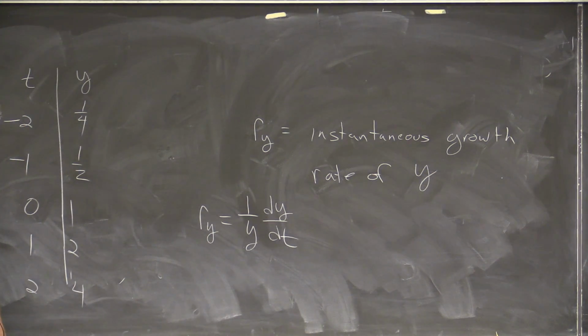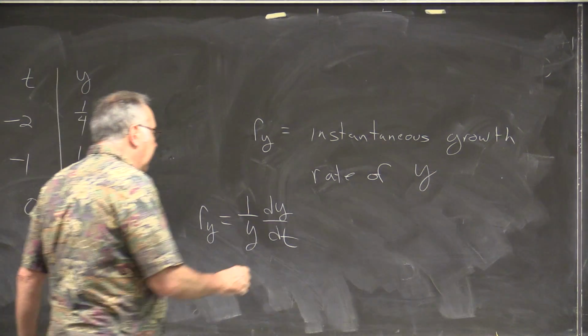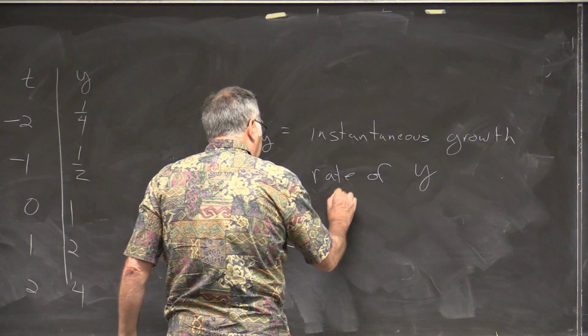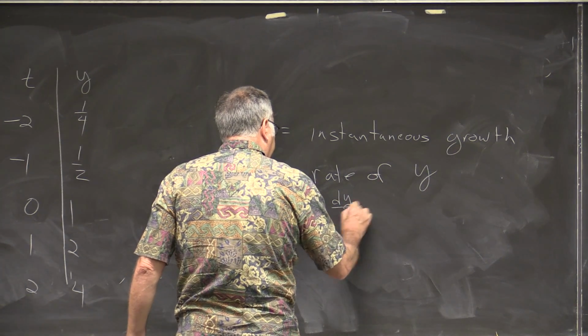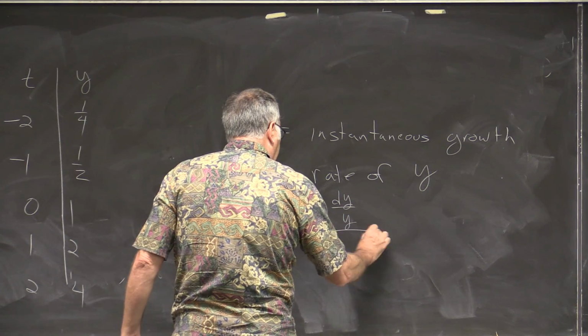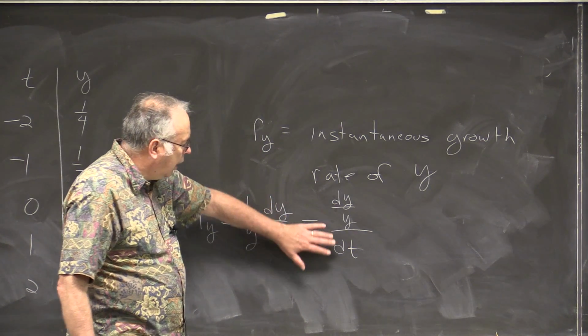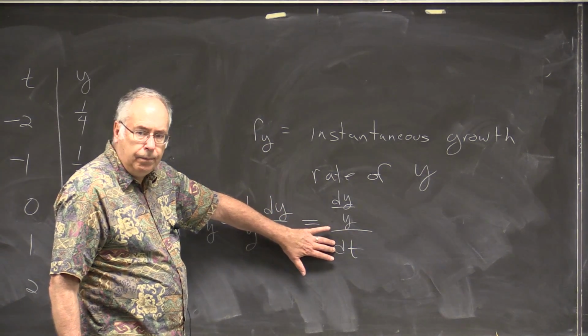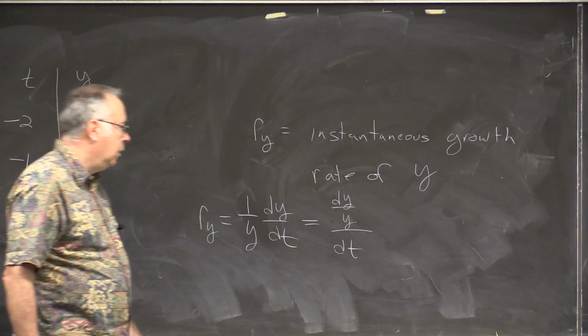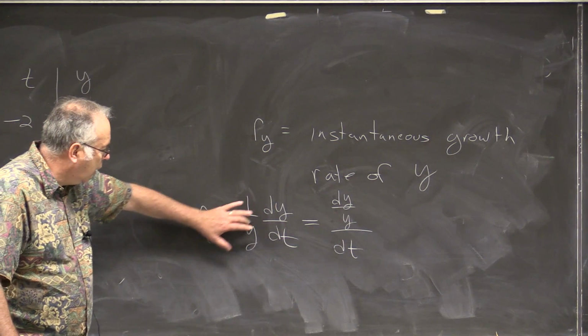Notice you could think of it intuitively using the concept of a differential. You can think of this as dy, the differential y, over dt: the proportional change in y per unit change in time. Or more compactly, it's just 1 over y times dy dt.